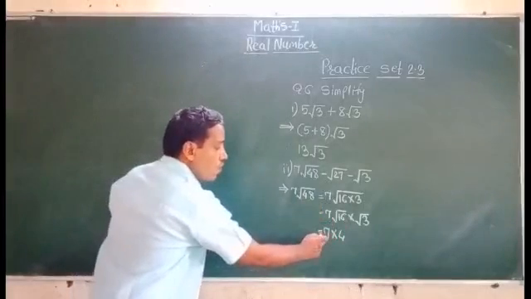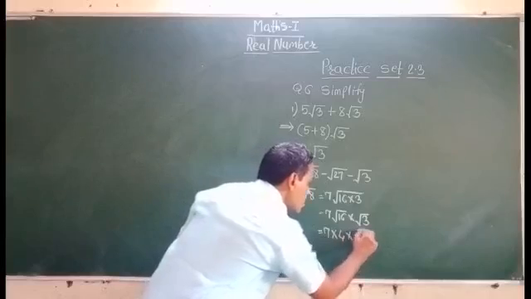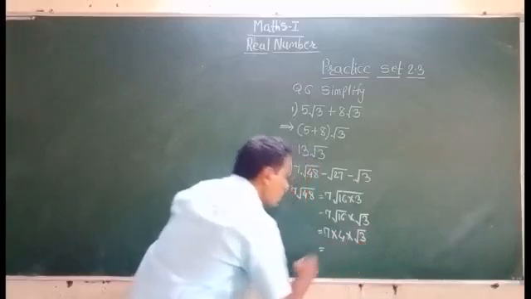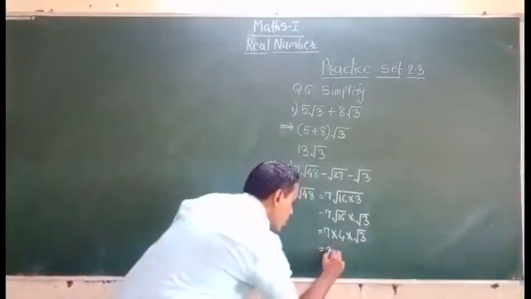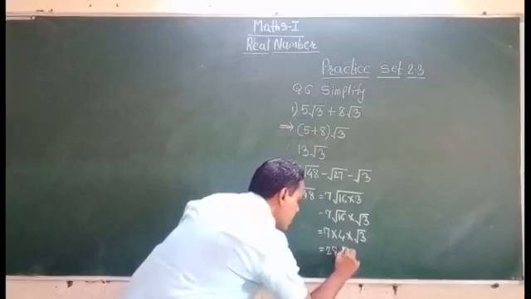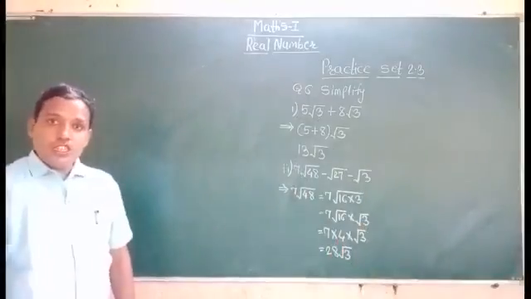Therefore 7 into 4 into surds 3. The product of 7 and 4 is 28 surds 3.